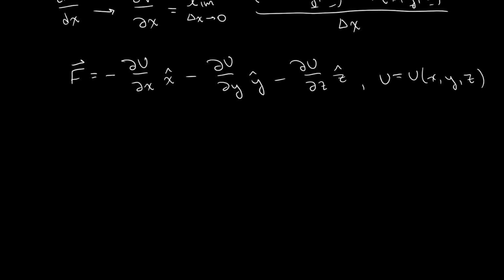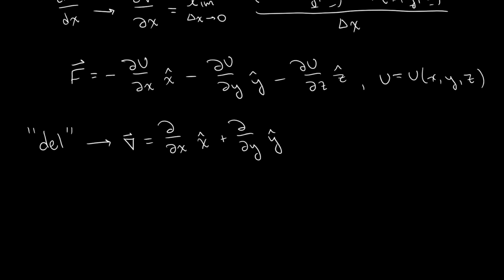So what we typically do is we define this object called del, or I think the technical name for it is nabla, but typically you'll see it referred to as del or as a vector derivative, and it's given by this little upside down triangle. And this is just this vector partial derivative, where I take the derivative along each component in that direction.